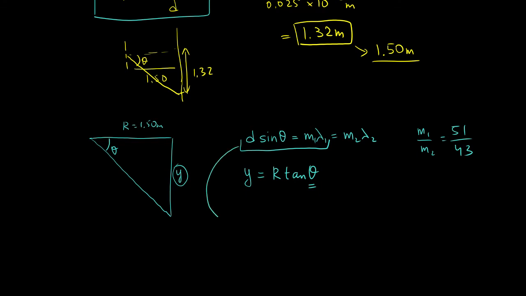So from here I can write sine theta equals m1 lambda 1 over d, and theta equals inverse sine of, well, m1 is 51. Let me plug in the numbers right away.